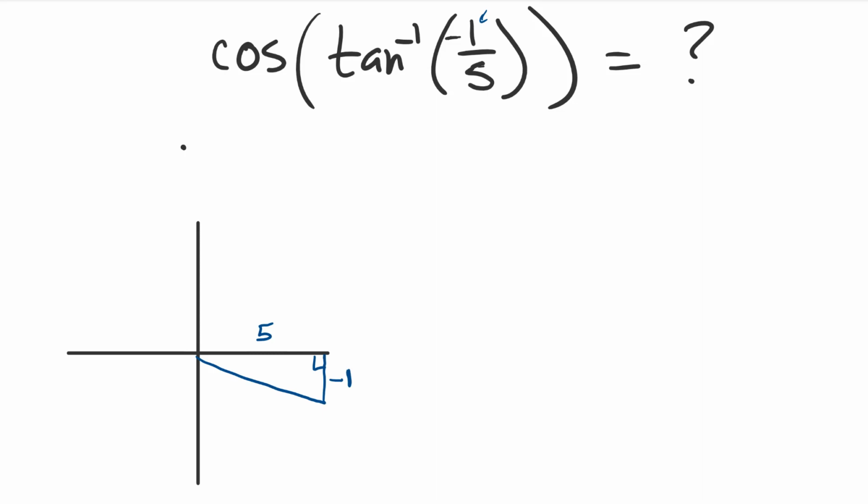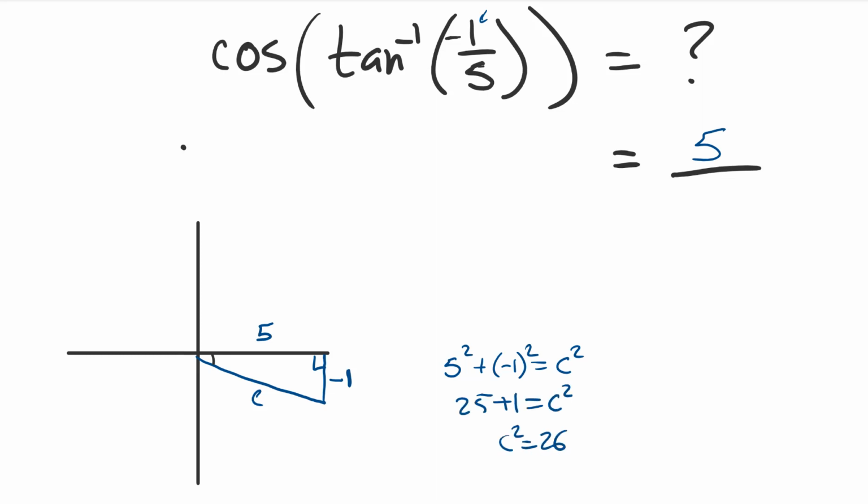For us to find cosine, we already have part of the answer. We already know the adjacent side to this angle. It's positive 5. We just need to find the hypotenuse. So 5 squared plus negative 1 squared is equal to c squared. So that's 25 plus 1 equals c squared.